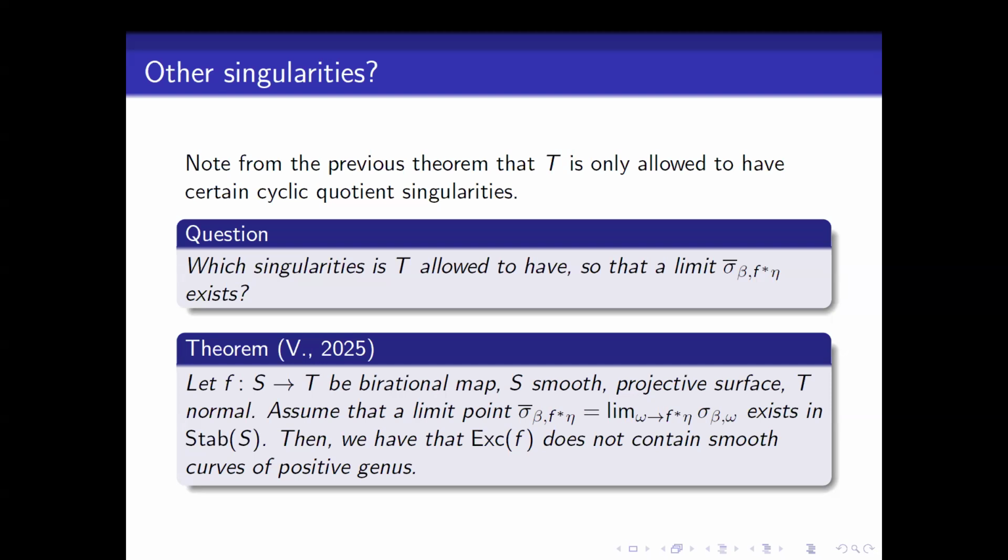I think in general one should expect that the push forward maps semi-stable objects on S to semi-stable objects on T. I think Yang Chu, who is one of the authors of the results that I told you before, has some partial results on this in the case of a single ADE singularity, but in general it's very unclear what's happening.